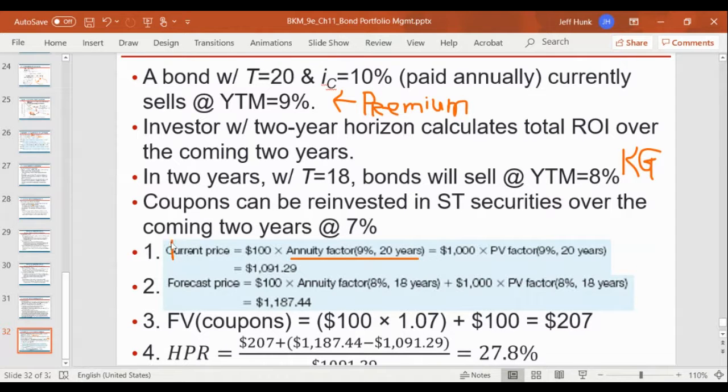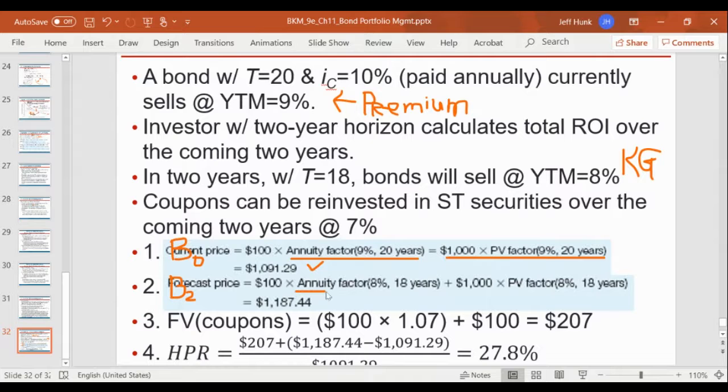I'll call this B0, and this would be B2 because it's going to be 2 years later. It's still a premium bond at 1,091.29.